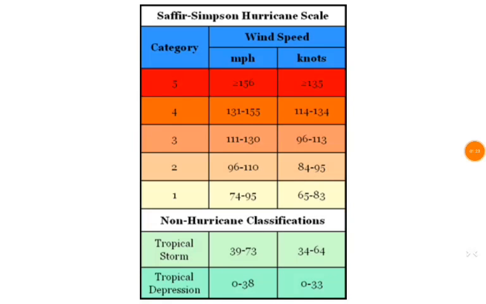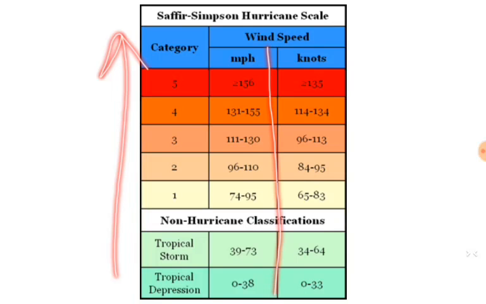Okay, so here we have an example of it. First we have to start off from the non-hurricane classifications up to the hurricanes. So first we have the tropical depression that has winds of, we're gonna use miles per hour here. We're more familiar with miles per hour. If you're familiar with knots, well, the knots are right over to your right.